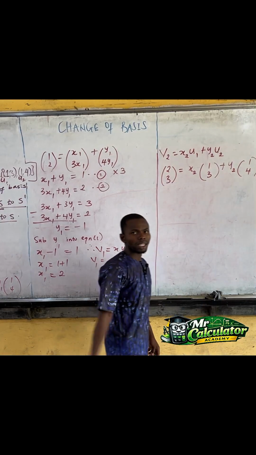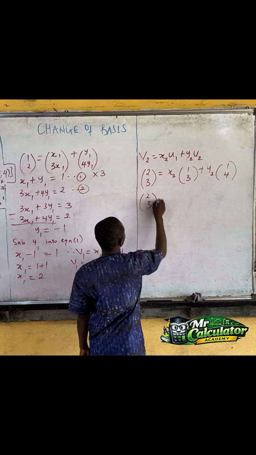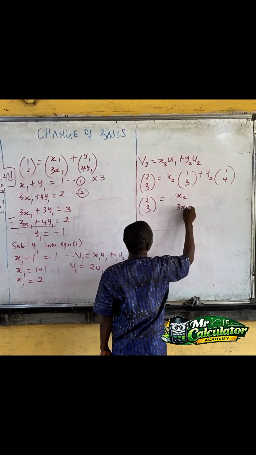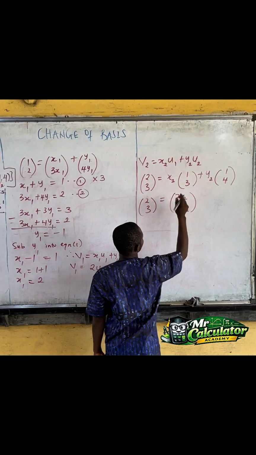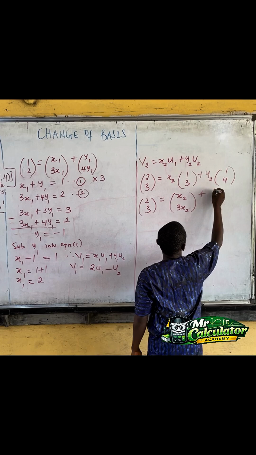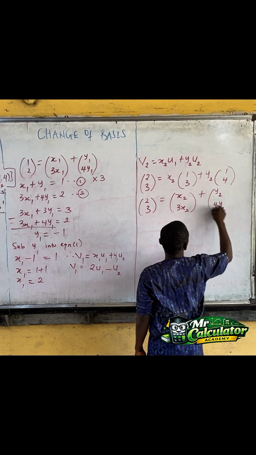Then I open the brackets from here. It will now be 2 and 3 equal to X2 times 1, X2, X2 times 3, 3X2, plus Y2 times 1, that is Y2, and 4Y2. I close it.